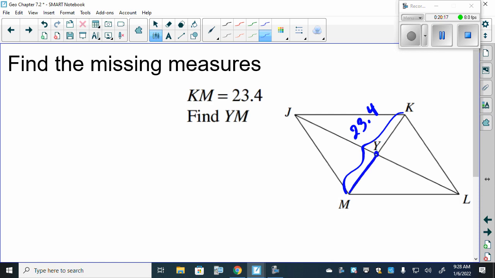Well, if we know the diagonals of a parallelogram bisect each other, cuts it in half, so these two are going to be equal. So what can we do with 23.4? Divide by 2, because it's cutting it in half. So we can take 23.4 and divide it by 2, which would be 11.7.